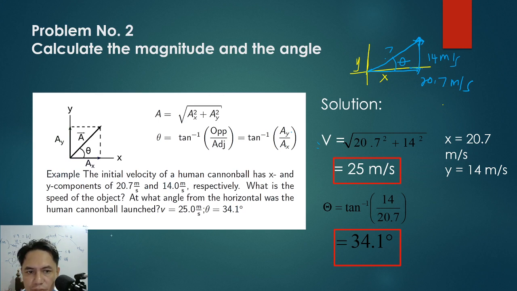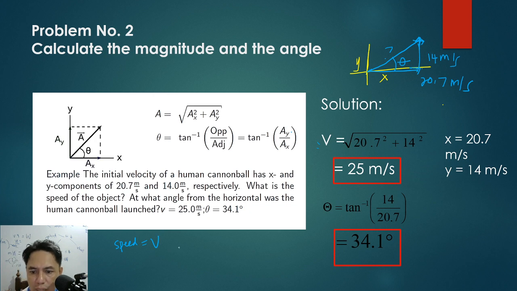First we are going to solve for the velocity, which is the resultant. What is the speed or velocity of the object? Let us say the speed is equal to v.